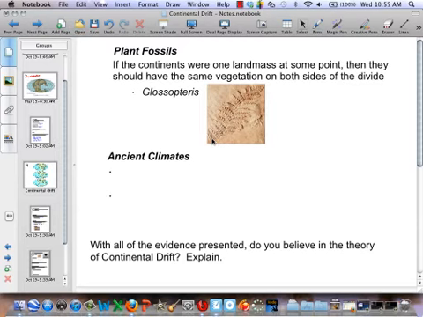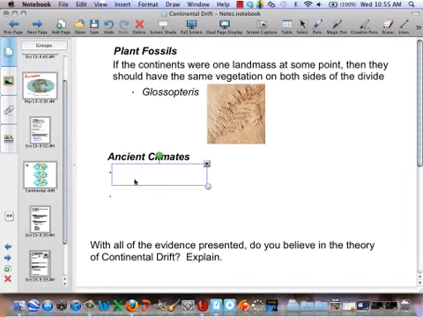So in order for that to happen, we have to have these continents much closer together than they are today. So it starts telling us that they must have drifted apart. Okay, that's why we call this continental drift, which is the beginning part of plate tectonics. It starts off with this concept of continental drift.